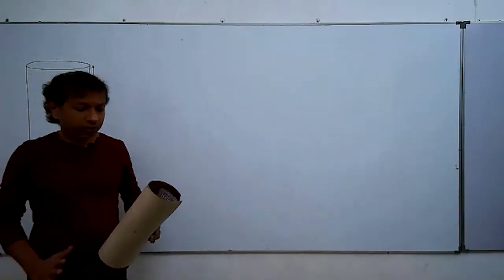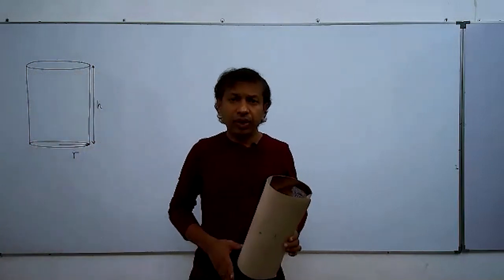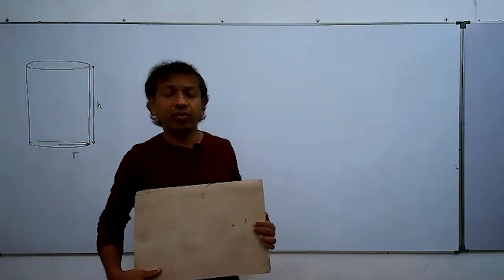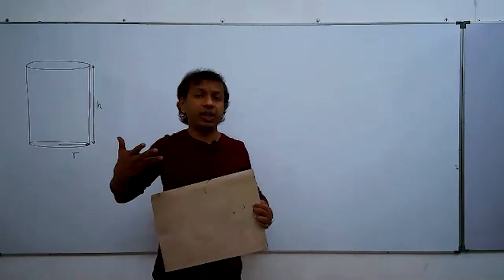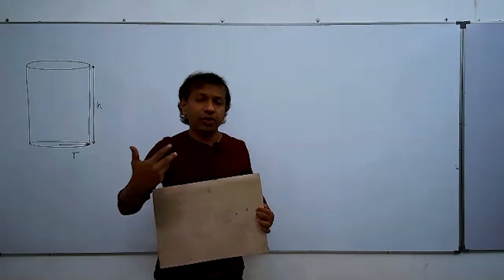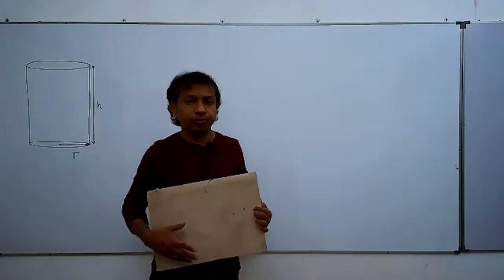Now, when we make the can this way, people, we have to, of course, buy this metal sheet. When the area of the metal sheet we need increases, people, we have to spend more in buying it.